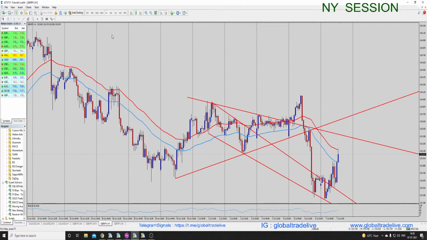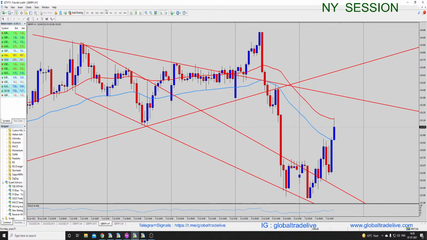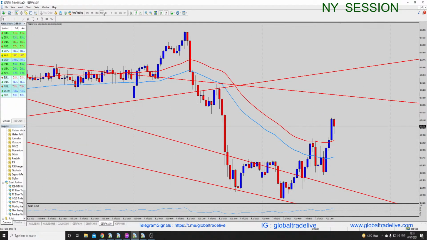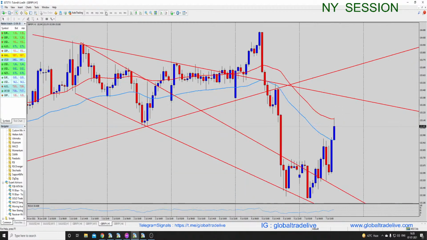If we are guessing that the next 30-minute candle will be breaking the high and continue moving up, that means the next 1 hour candle should be moving all the way up.